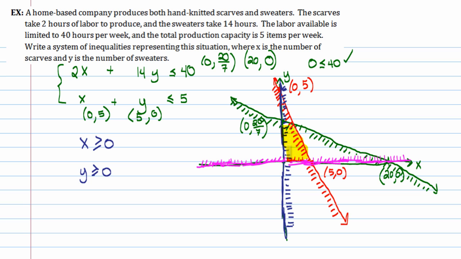So this region right here is the common region. What's very important to note is that for real world situations, the inputs, the x and y values, the number of sweaters you make and the number of scarves you make, can't be negative. That just happens in the real world. So they're part of your constraints.